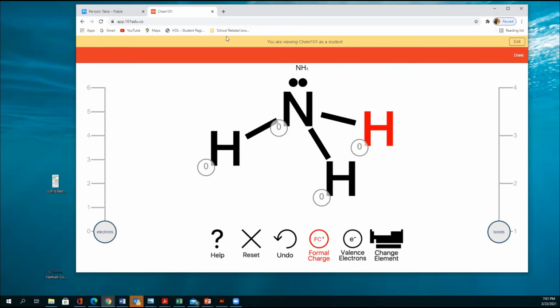The way you calculate your formal charge is: formal charge equals the valence electrons of that atom, minus the number of lone pair electrons, minus the number of bonds.